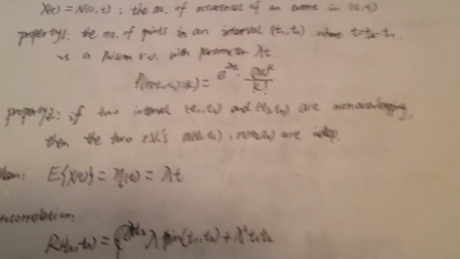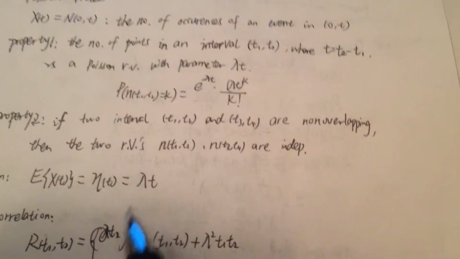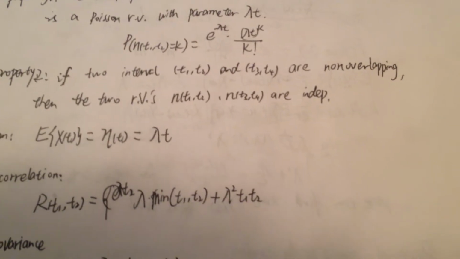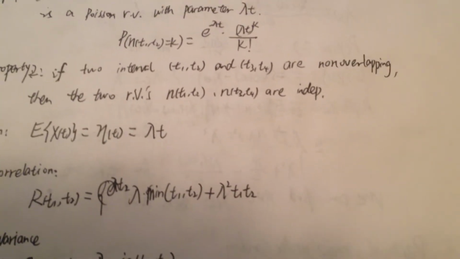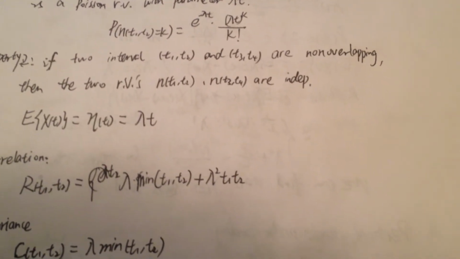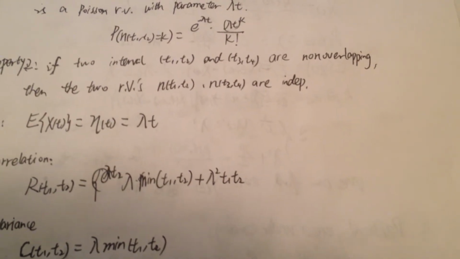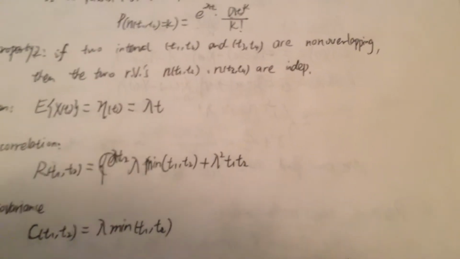The expected value, or the mean, of X(t) equals lambda times t, and it's a linear function of t. Obviously, it's reasonable because when I'm waiting in a line at the bus station, the longer I wait, the larger the expected number of buses.